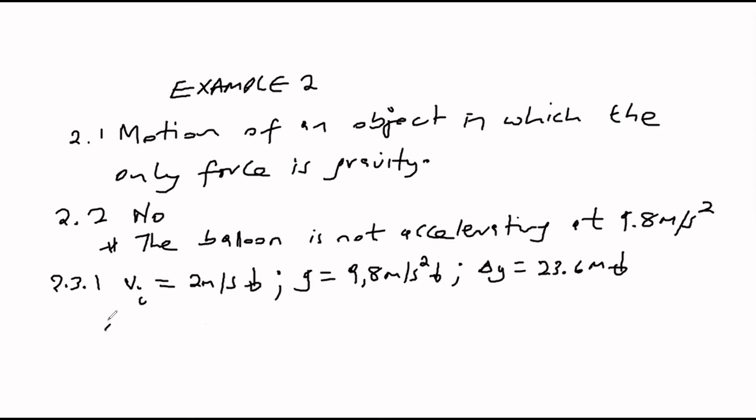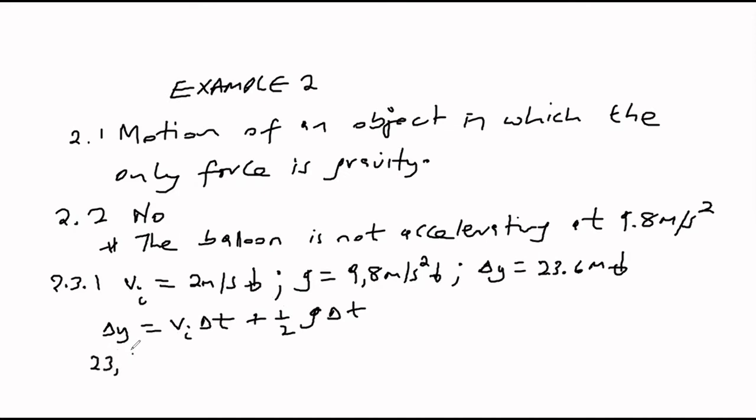Which formula to use? You can use delta y equals v initial delta t plus half g delta t squared. Okay, let's substitute everything that we know.